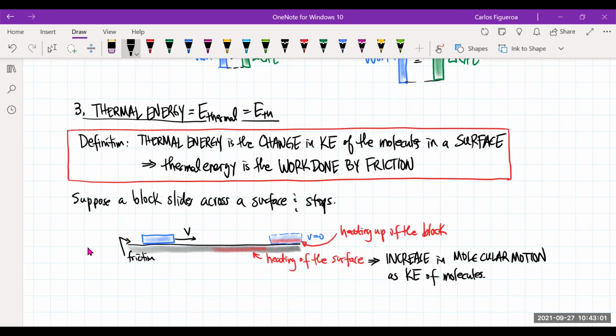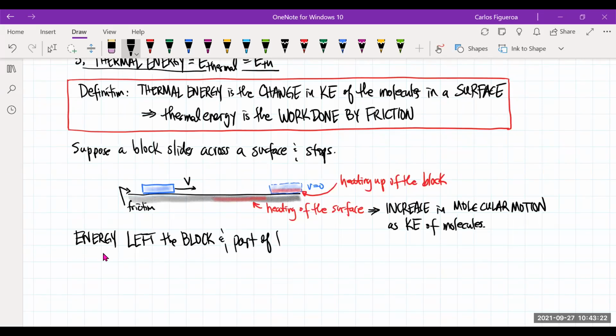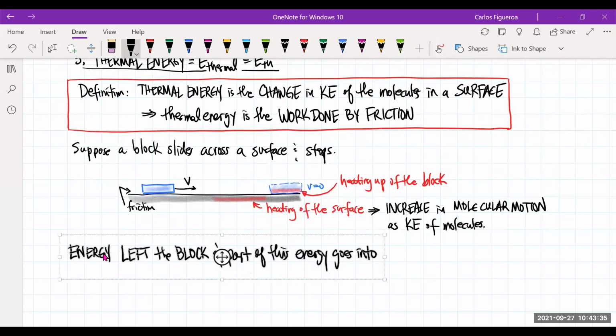So what's really important about this? Well, energy left the block, and part of this energy goes into the surface.